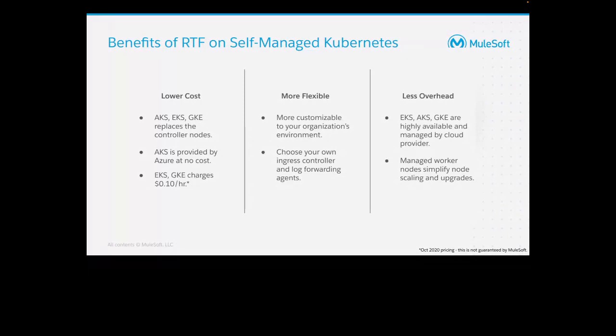They take care of the high availability of your AKS. So that overhead is reduced. Basically, it reduces your infrastructure and operations investment. And then it manages worker nodes and simplifies node scaling and upgrades. Yeah, so it gives you better scaling. That option is great to have.